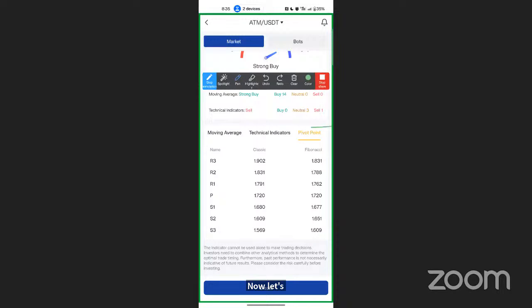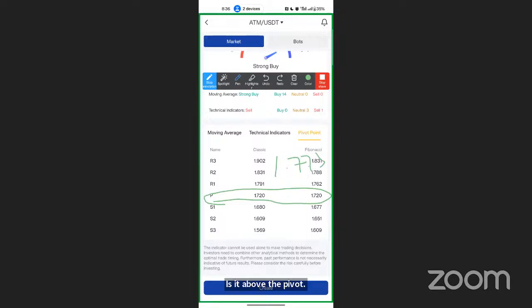Now, I have a question. Is the current price above the pivot? Because we have seen it is 1.773. Is it above the pivot?